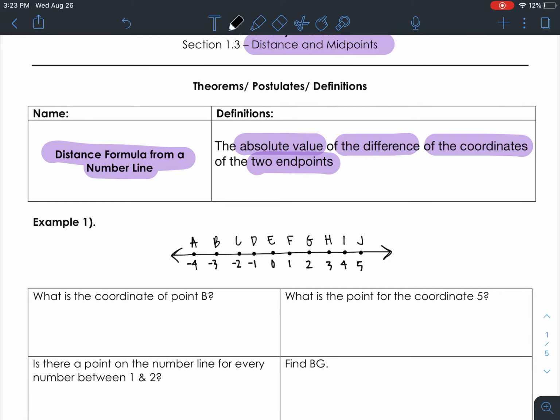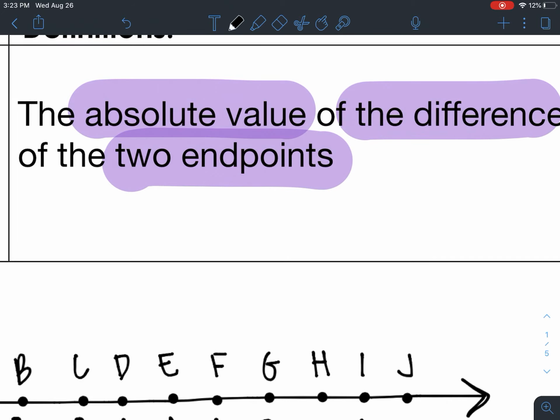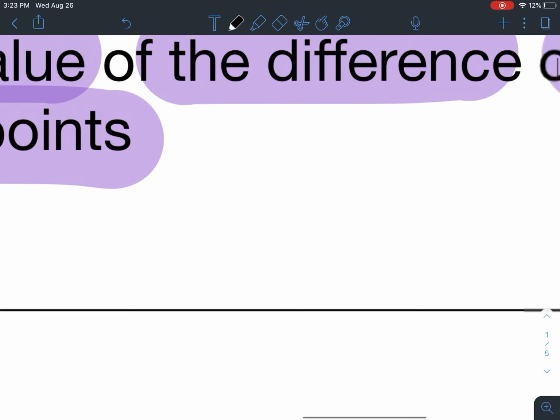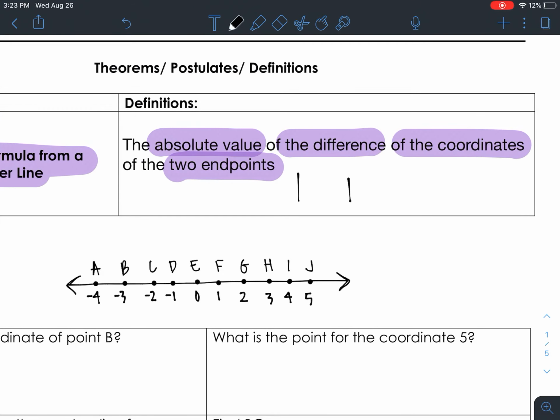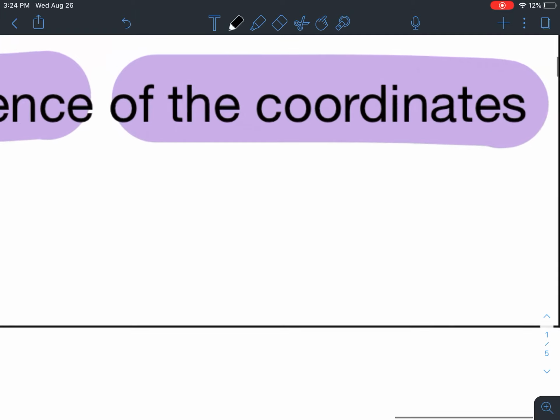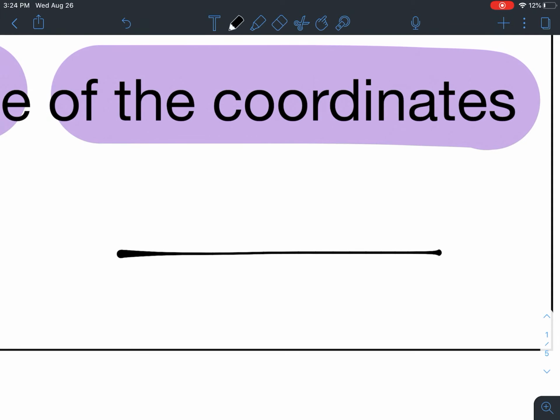Let's actually start with the first mathematical term, which is absolute value, okay? We'll talk about the significance of that, but we're going to start with these two lines right here, which represent the absolute value. Now, to show this, I want to draw a quick demo of what a segment is.